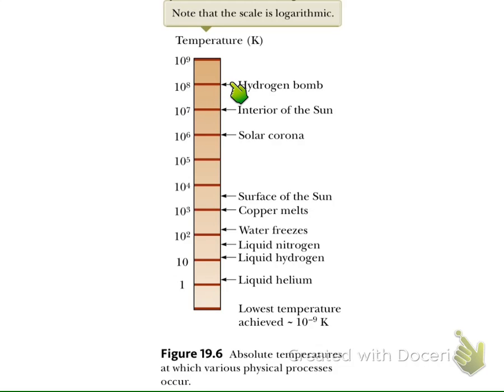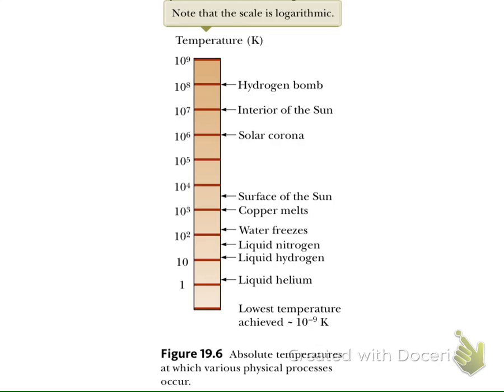Here is the temperature of the hydrogen bomb, and it's higher than the temperature of the interior of the sun. And if you go further, this is the temperature of the surface of the sun. Please notice that the scale here is not linear, but a log scale, because the range of the temperature is very wide.